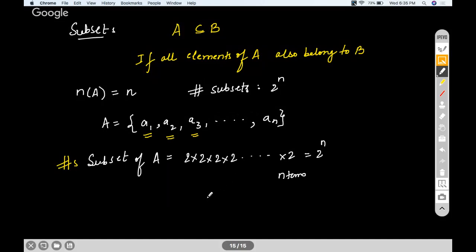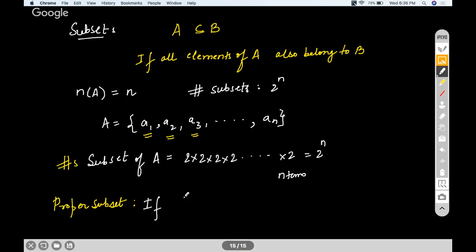Is that fine? Okay. Now there's something called a proper subset. What's a proper subset? A proper subset is a subset where at least one element of set B does not belong to that subset. Let me write it in terms of language.